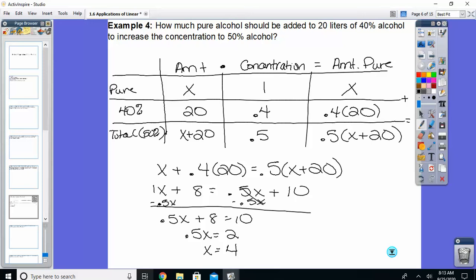Other questions? Am I done? No, I always want you to write a sentence at the end. The question was how much pure alcohol. If I look back at my table, X was the amount of pure alcohol.